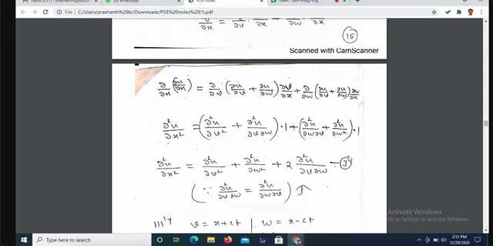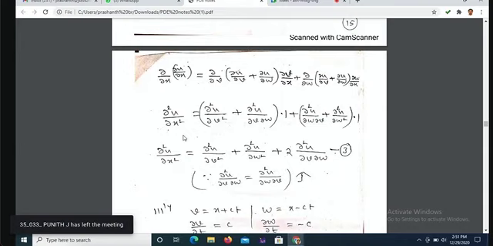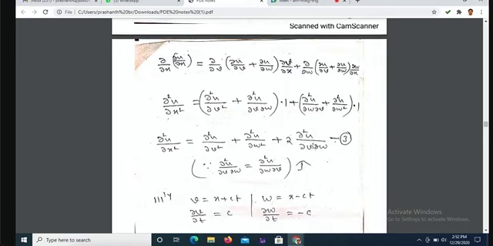Now, ∂²u/∂x² equals ∂²u/∂v² plus ∂²u/∂w² plus this one. Both are the same, so 2 into ∂²u/∂v∂w, because ∂²u/∂v∂w and ∂²u/∂w∂v are both the same. That's the reason I can take it as 2 times that. You can call it equation 3.